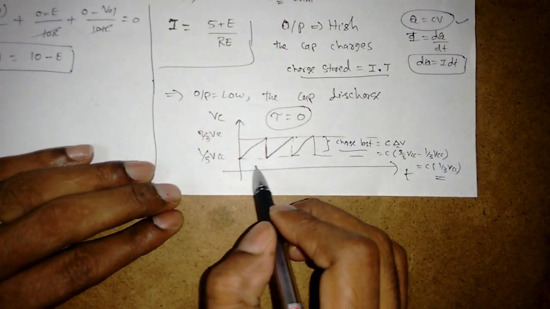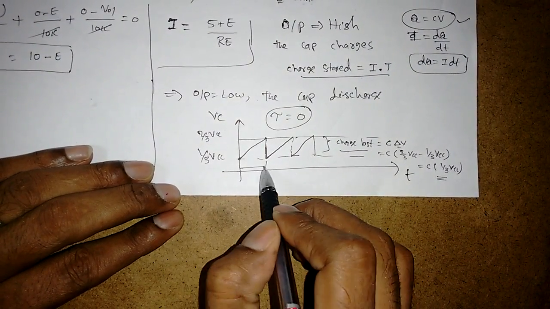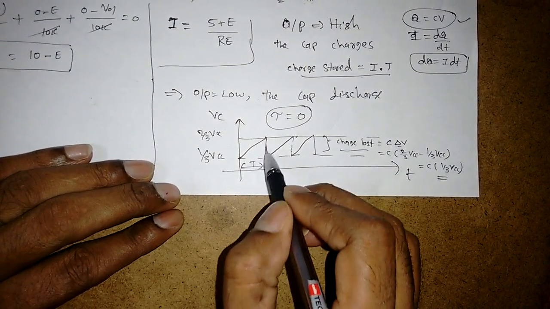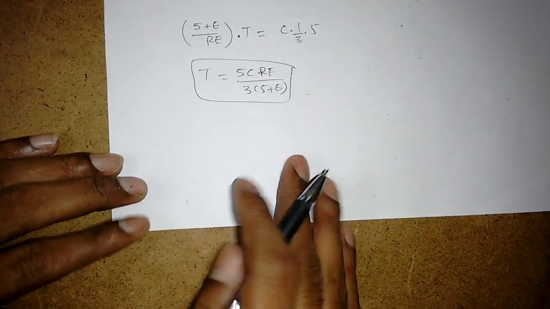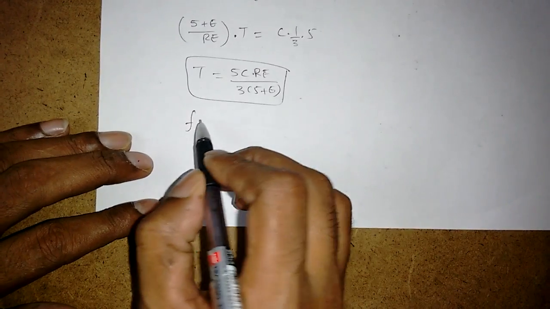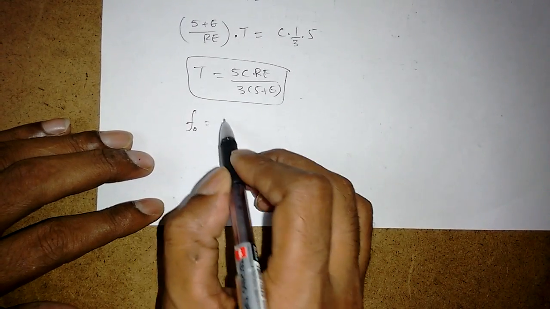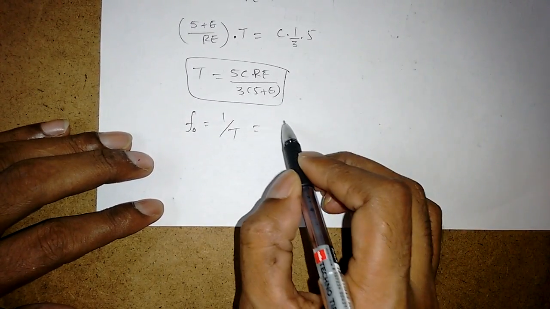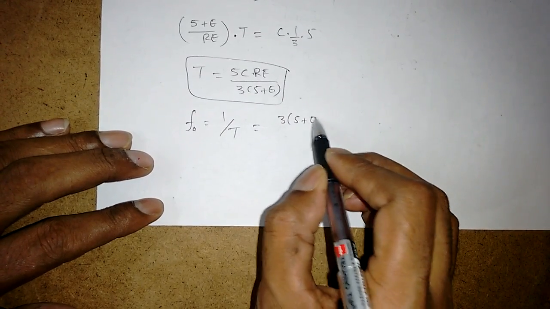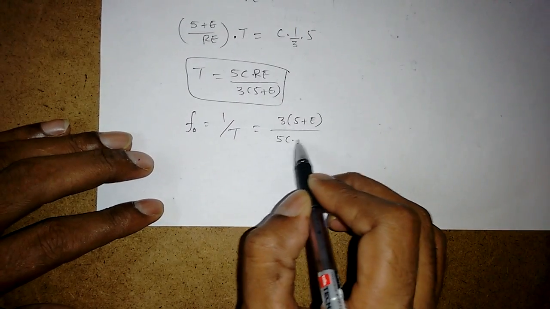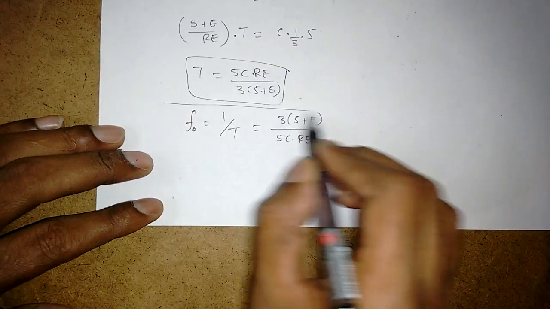Now, why is the time constant T only? Because there is no discharge time, so this time period is the same as this time period. Now if I find F out or F naught, it is 1 by T. If you reverse it, it is 3 into (5 plus E) by 5C RE. This is the output frequency.